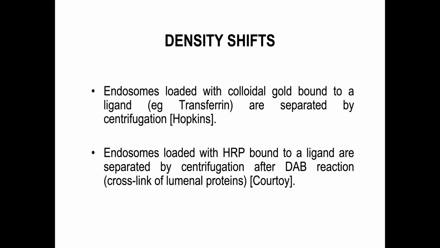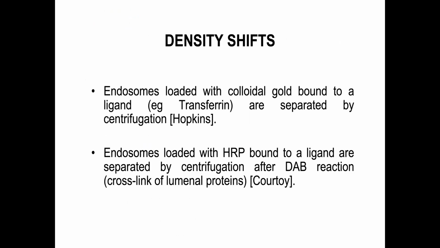In the density shift gradients, for example, when we look at endosomes, we can load endosomes from outside with nanoparticles. For instance, colloidal gold that is bound to a ligand like transferrin or EGF that is hooked to colloidal gold particles, which can have a nanometer size, let's say from 10 to 50, 60 nanometers.